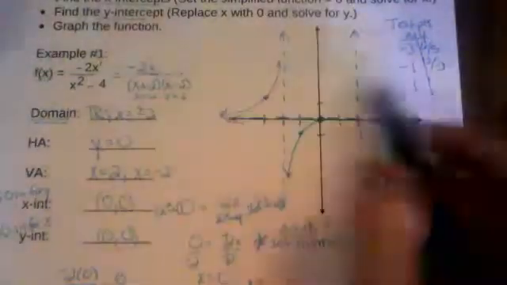So the point (negative 1, negative 2/3) lets me know that from here I have to be approaching the asymptote that's on the left. Then when I put positive 1 in there, I get negative 2 over negative 3, which is positive 2/3. So the point (1, positive 2/3) lets me know this section is going up. So in the middle section, it does look kind of like a cube function graph.